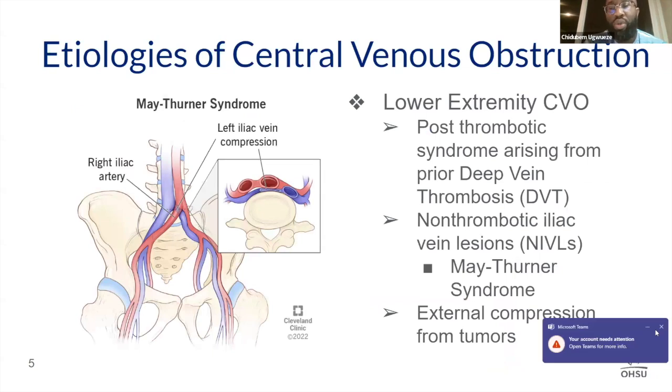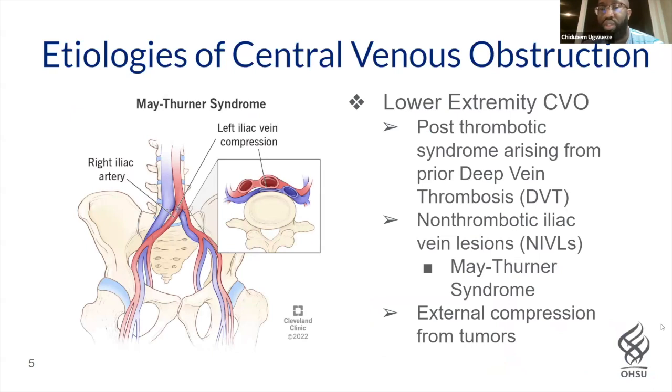Now moving on to the lower extremities. Causes of deep central venous occlusion in the lower extremities include post-thrombotic syndrome, which generally arises from a deep venous thrombosis.